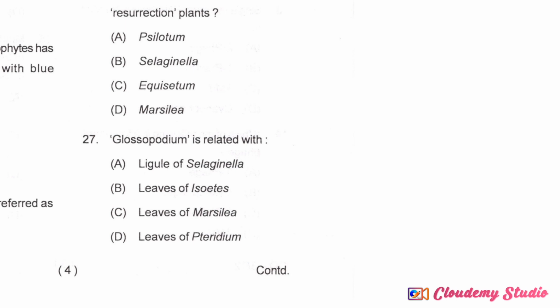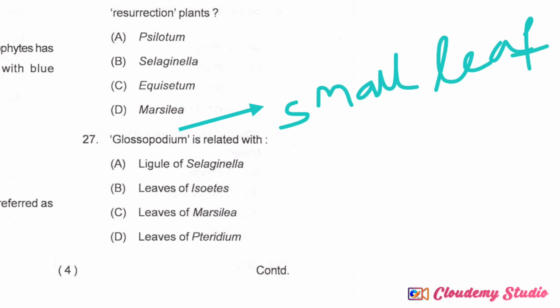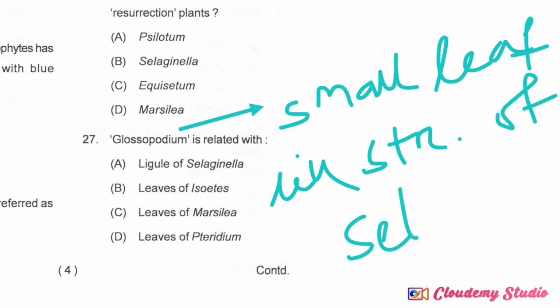The glossopodium is a small leaf-like structure of Selaginella. The small leaf-like structure of Selaginella is also known as the ligule.